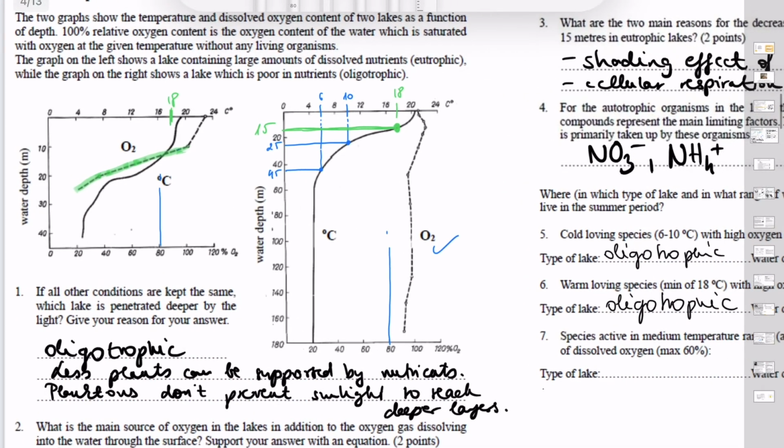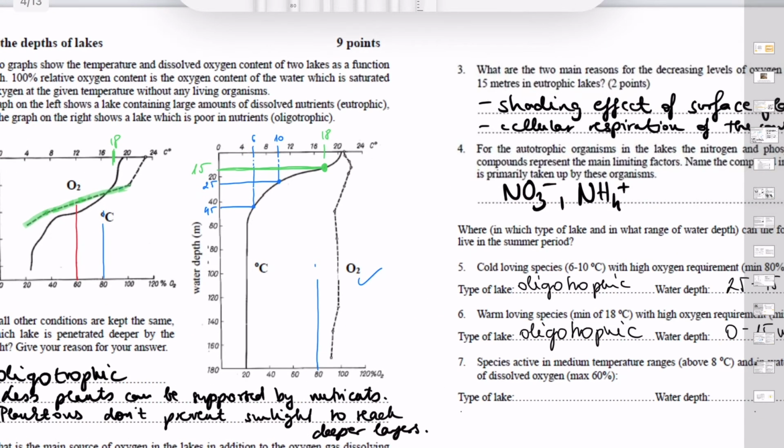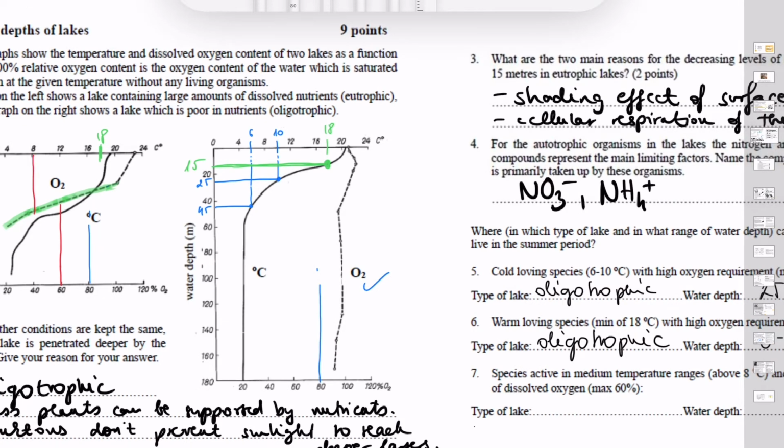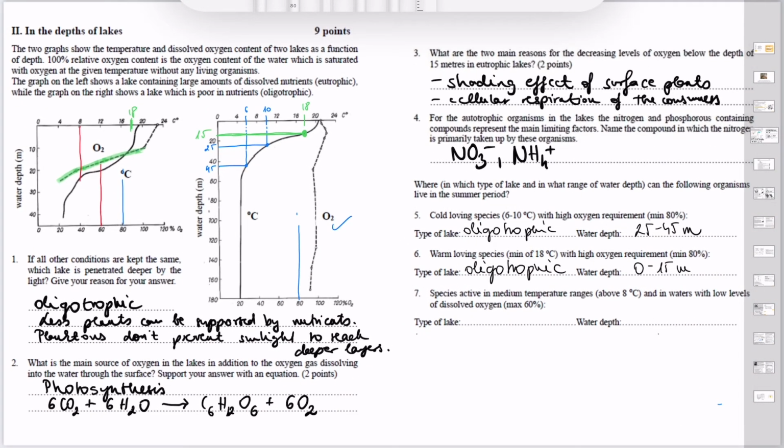More specifically, this line here is important, 60%, and the 8 degrees Celsius. Okay. And what does it mean? Basically, what is the answer here? The type of lake will be eutrophic. And the water depth, if you observe the graph, is 15-25 meters. Okay.